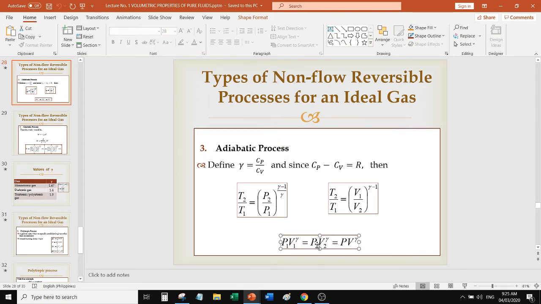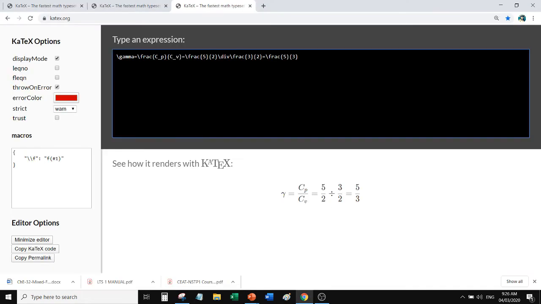But since we're dealing with an intermediate volume, this would be Vi. So let me write that for you. P1, V1 raised to gamma equal to P2, Vi raised to gamma.